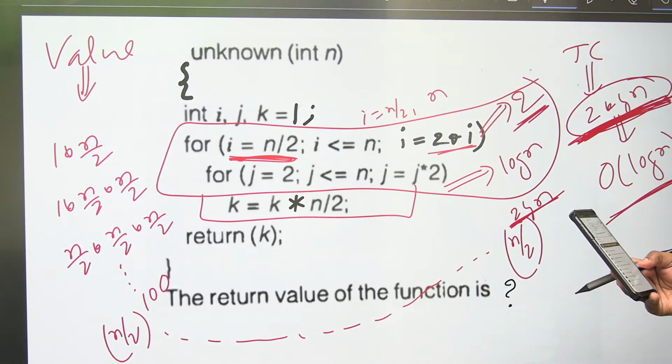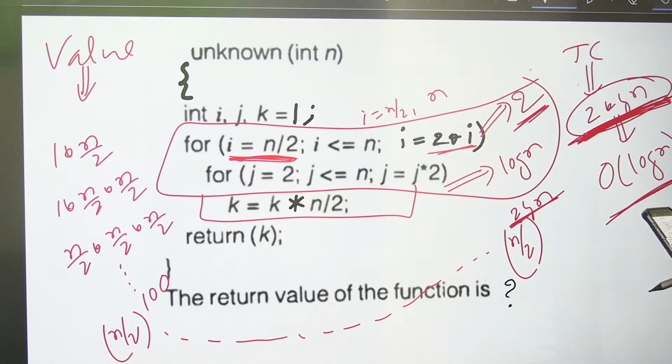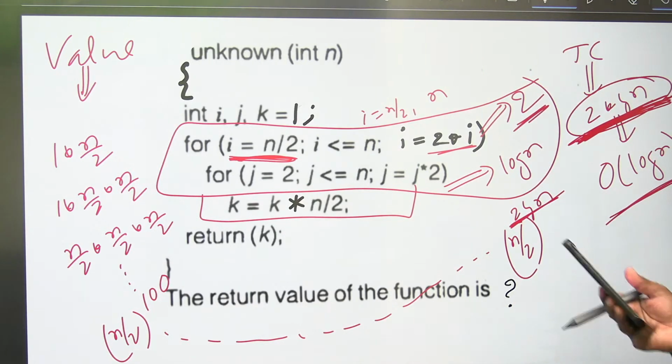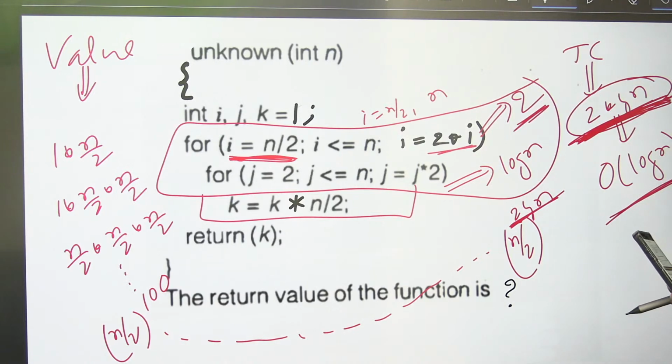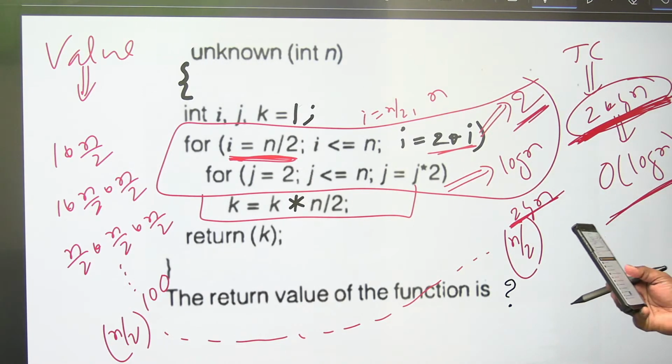If you repeat 100 times, n by 2 whole power 100. If you repeat 50 times, n by 2 whole power 50. If you repeat 2 log n times, n by 2 whole power 2 log n. Check one time.